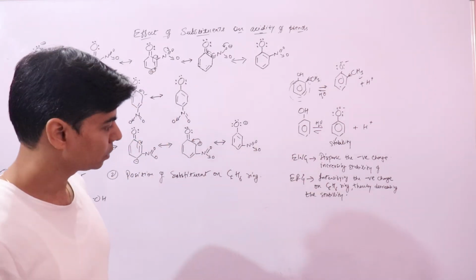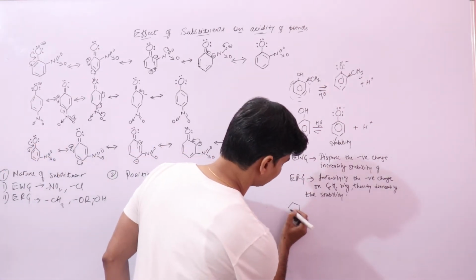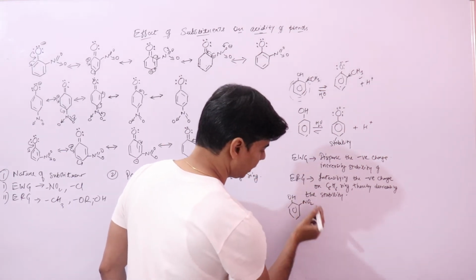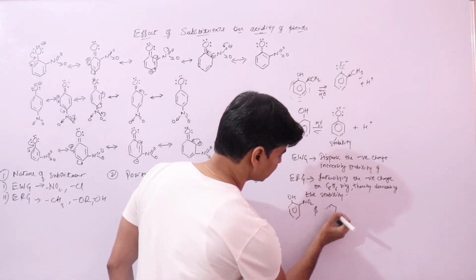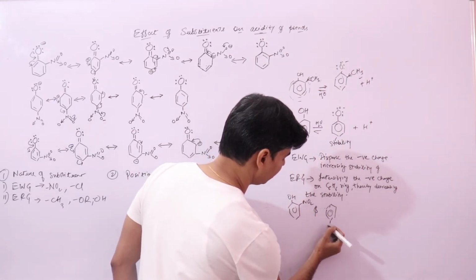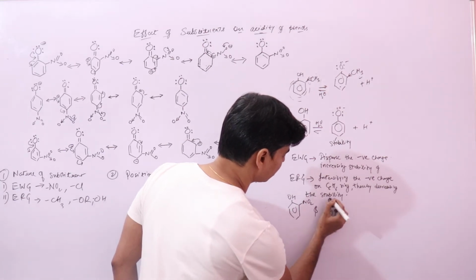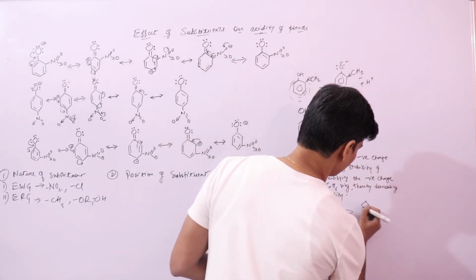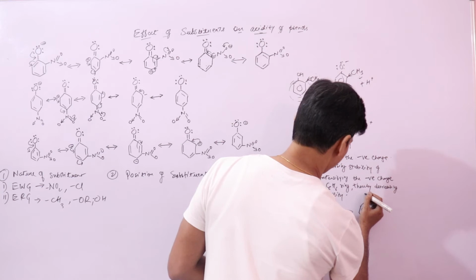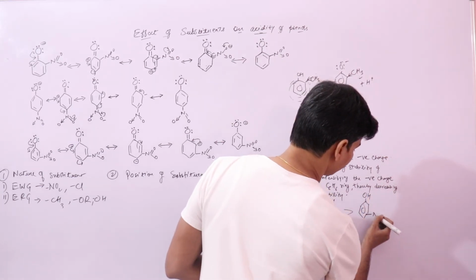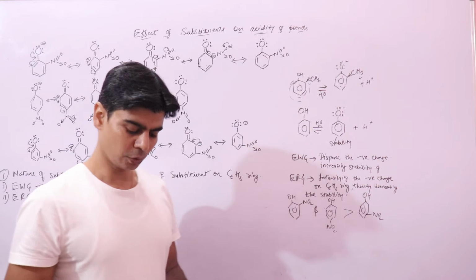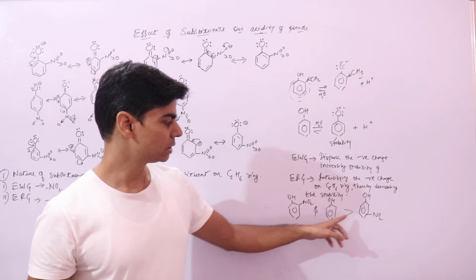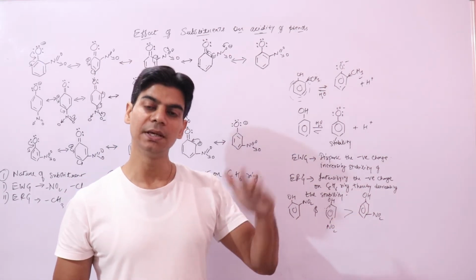We say that this ortho nitrophenol and this para nitrophenol, these two are more acidic compared to meta nitrophenol. So the acidity of meta nitrophenol is less compared to ortho and para. That means if the nitro group is present at the meta position, the acidity is less.